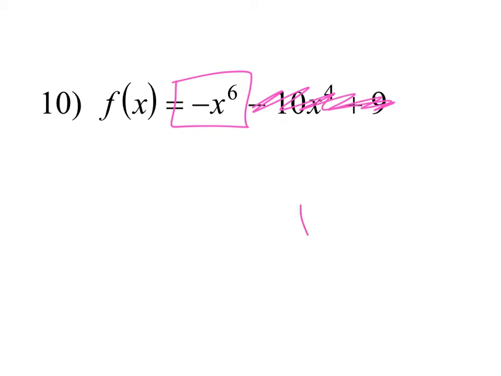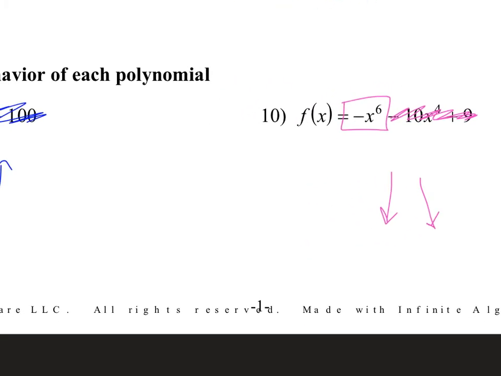Down. And is it even or odd? Even. So did they go in the same direction or opposite directions? Even means same. So we have down and down here. Any questions on these two?